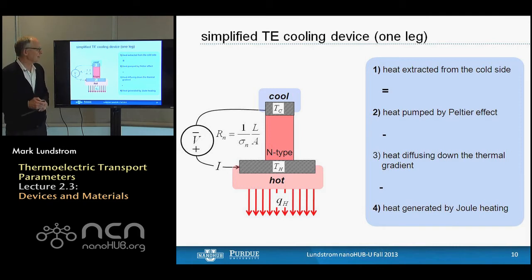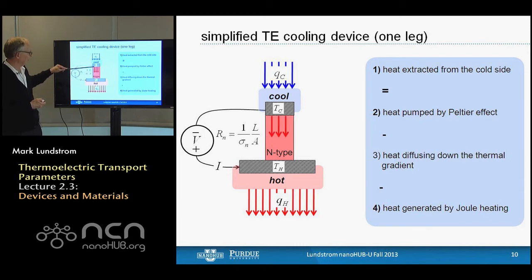So the way we do this is we just set up a balance equation for the heat flux. So if we ask ourselves, how much heat can we extract from the cool side? How much can we absorb from the environment? That's Q sub C, the heat flux at the cold side. Well, that's going to be equal to the heat flux that we're pumping due to the Peltier effect in the N-type leg.